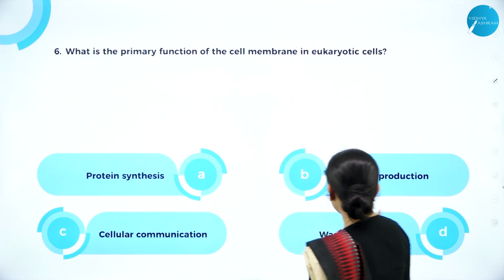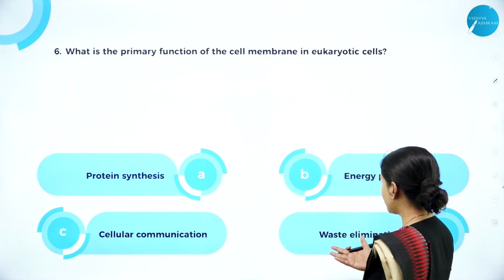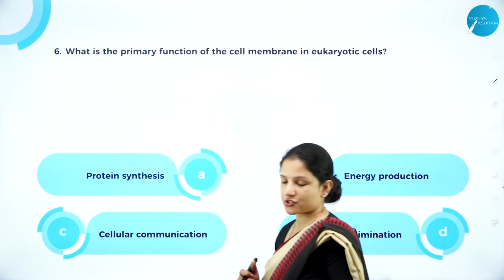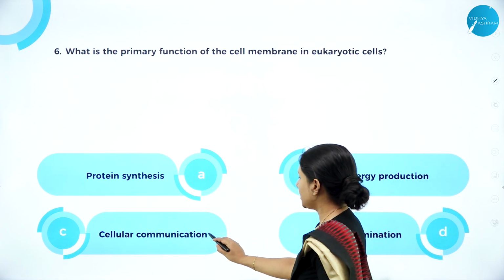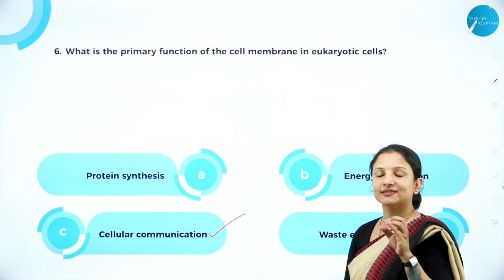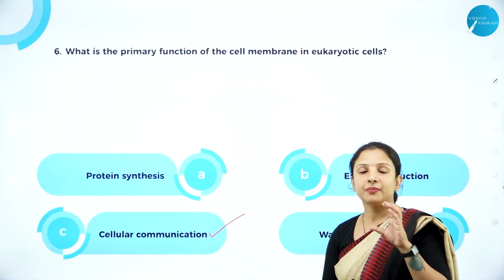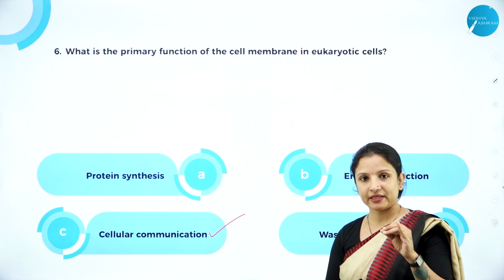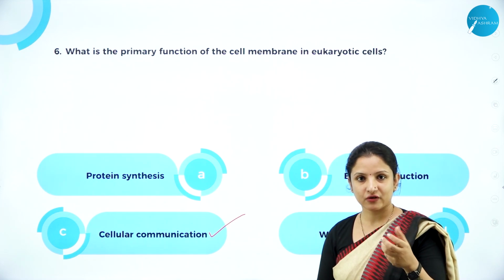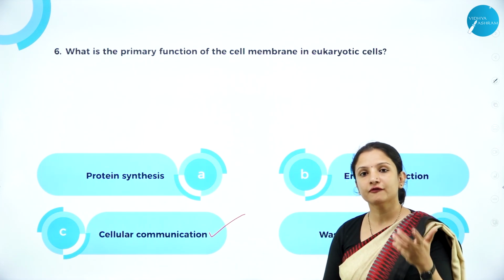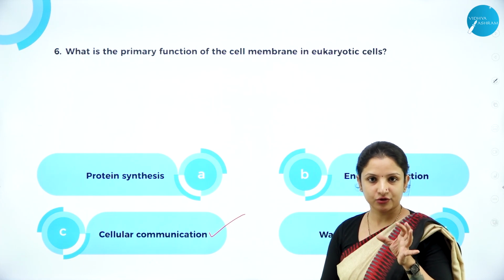Protein synthesis, energy production, cellular communication, waste elimination. It is cellular communication, because if you remember, cell junctions are there, right? The plasma membrane or the lipid bilayer or the quasi-fluid nature of the lipid is very important for the cellular junctions to be maintained.